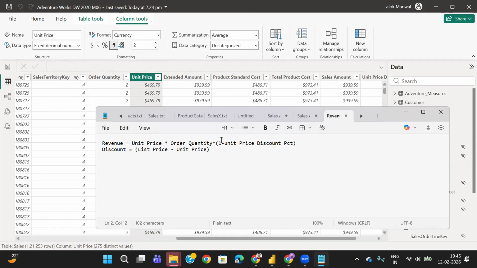And I'm going to multiply it with order quantity. That would be our discount. Am I correct? Yes.